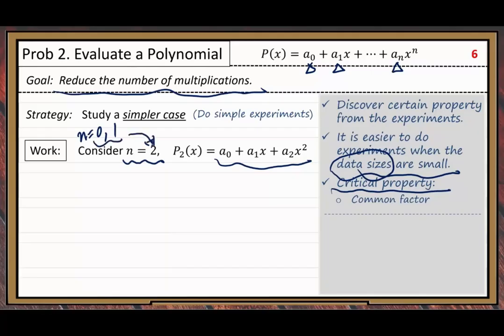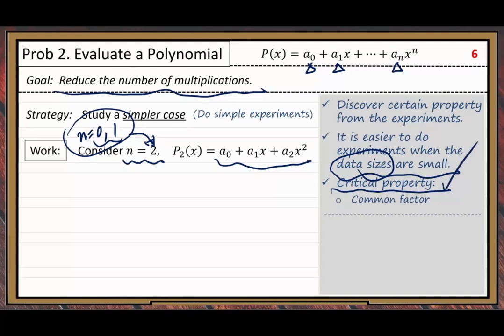The answer is also very simple. Because if we do experiments on these two simplest cases, then another problem we may have is that it's hard to discover the critical property. Remember?